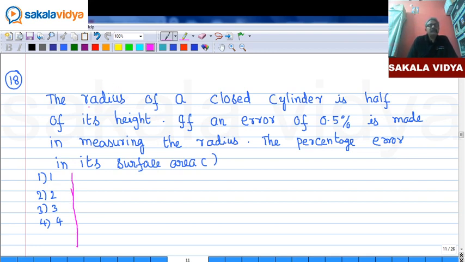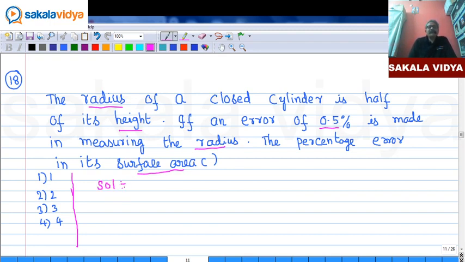Right. The radius of a closed cylinder is half of its height. If an error of 0.5% is made in measuring its radius, then we need to find the percentage error in its surface area. This problem is related to a cylinder. So, first let us write the given condition.